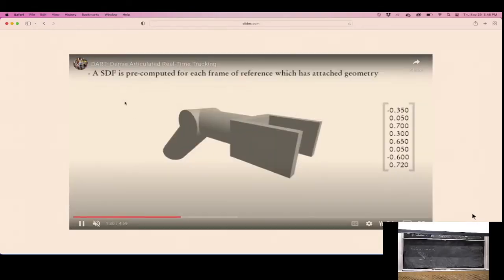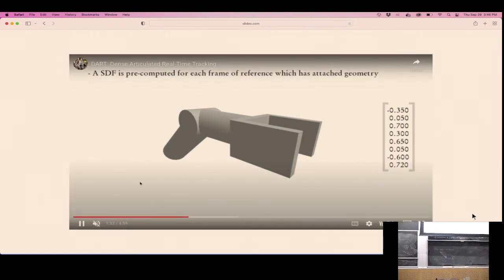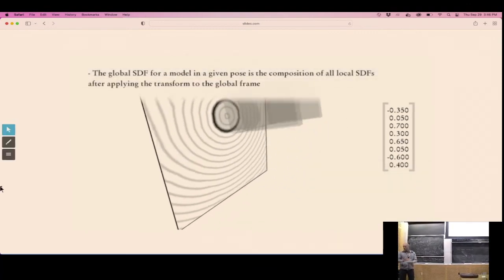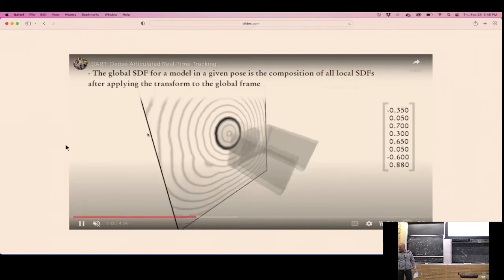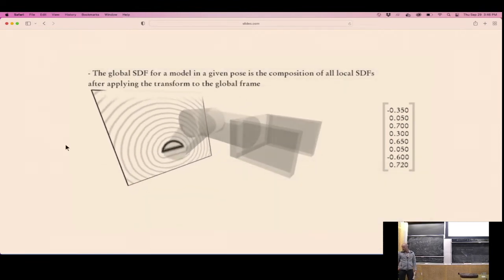And the folks that did that, I think, best, and the one that I learned it from, was this project called DART, which was trying to solve for Q. Is that playing? Oh, yeah, okay. They compute these signed distance fields, right? That's a visualization of the signed distance function.